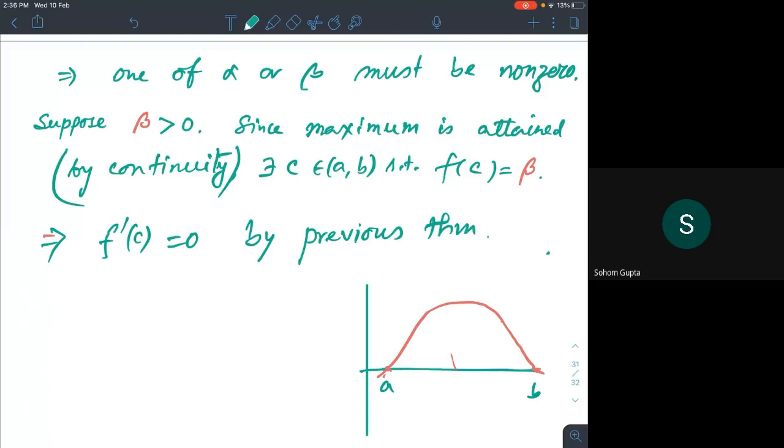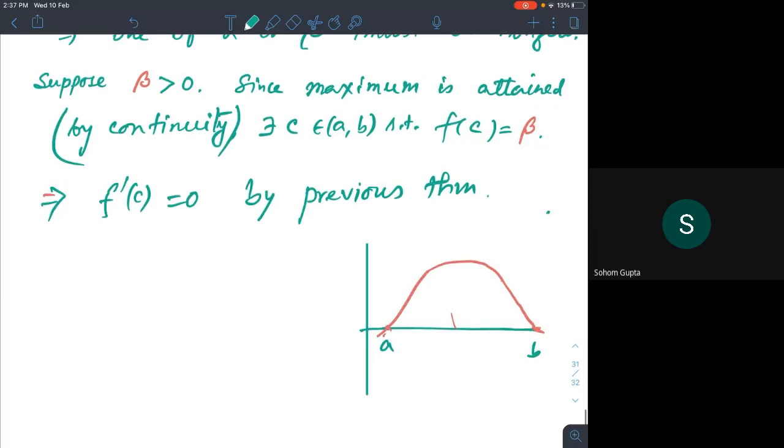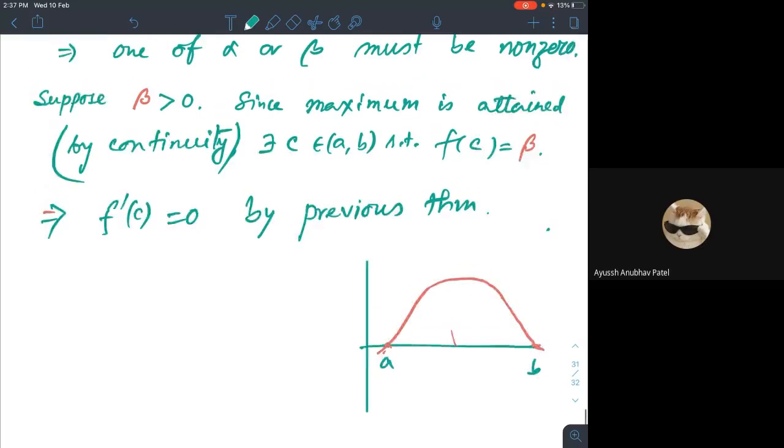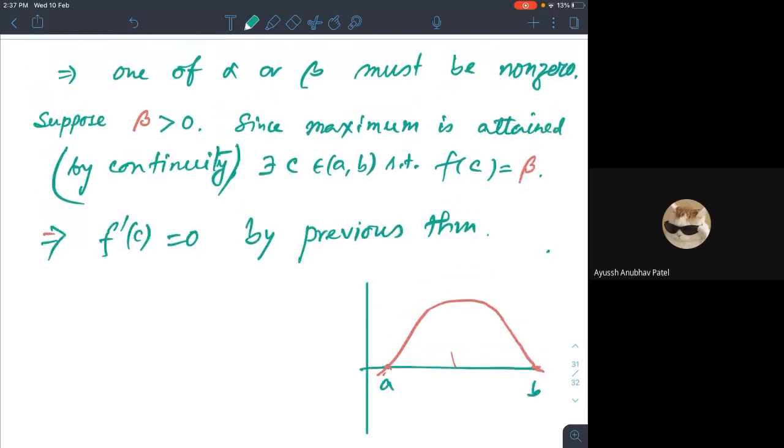Any problem here? Any question? Sir, the maximum can also be at the endpoints, right?